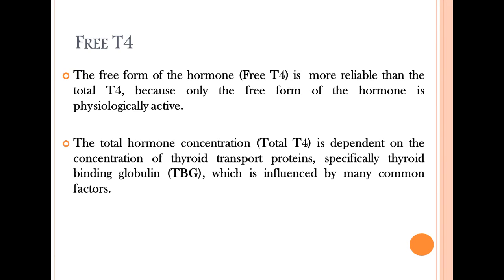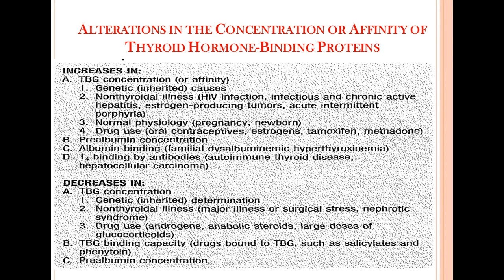Treatment, for example with androgen or any androgen containing medication, will also decrease the thyroxine binding globulin and affect the result. Likewise, we have inherited deficiency of the thyroxine binding globulin that may decrease its level and affect the result, giving a pseudo decrease in the total level.